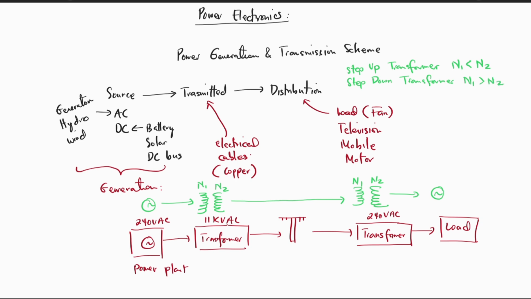By looking at this diagram, those parameters that are involved, especially the voltage and the current, are of great value. So we have high voltage and high current. And in order to control such high voltage and high current, we normally use power electronics components. And these components that make up the power electronics can withstand this high voltage and high current within the power generation, power transmission, and power distribution.